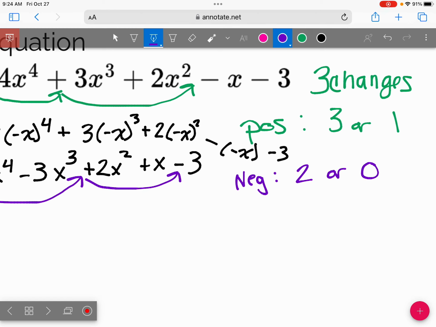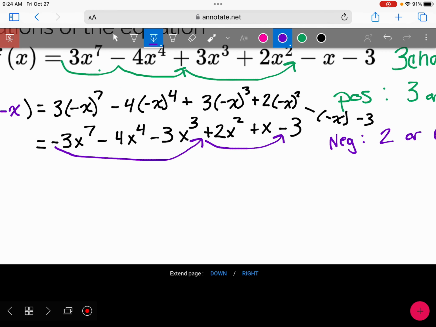Okay, so questions on that part? Because now we're going to make a list of our possible options. So, how many roots are we going to have total? Seven.